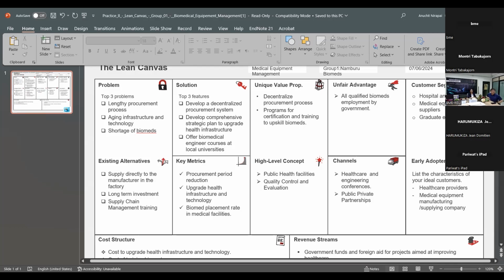About the revenue streams, the revenue that was targeted is, for example, government funds. There are also some foreign aid that aim at improving healthcare.